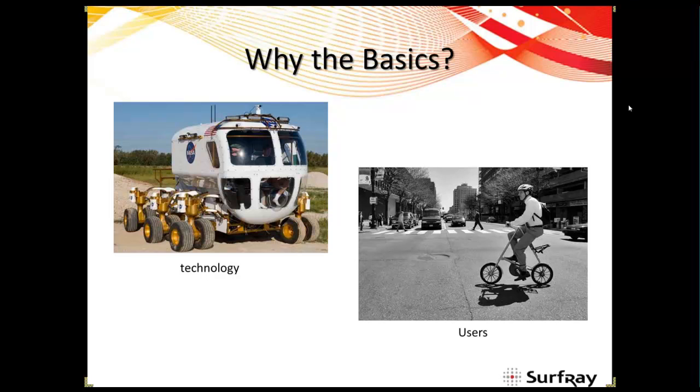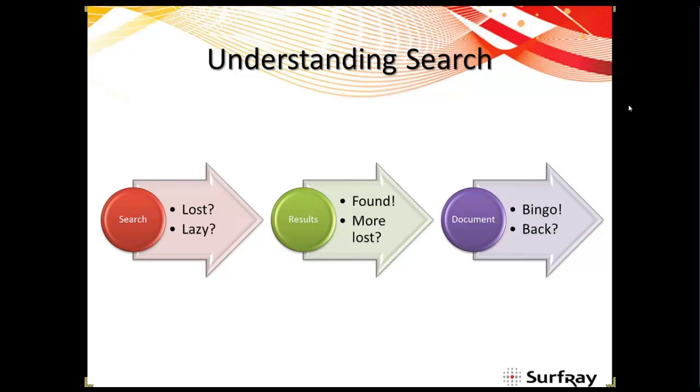So why do users search? Users search because either they're lost and can't find the information they want by the normal navigation, or they're lazy. They don't want to click through 30 clicks on all sorts of lists in SharePoint to get what they want. So search is an easy and very direct way to get to the information they need. Once they search, they get a result list, and hopefully that result list is going to give them what they want.